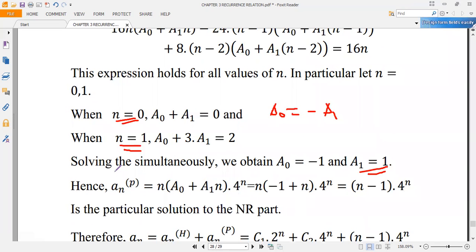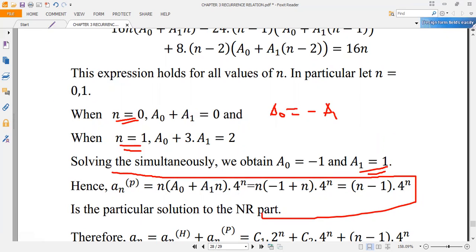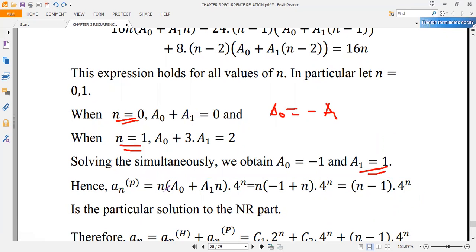Hence, the particular solution to the non-homogeneous part becomes n times a0 plus a1 n times 4 to the power of n, which is n times minus 1 plus n times 4 to the power of n, which is n minus 1 times 4 to the power of n.